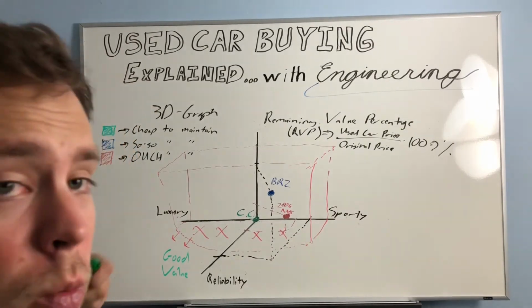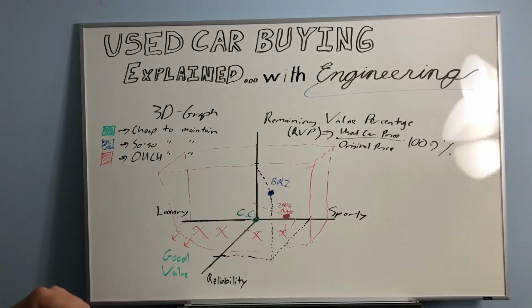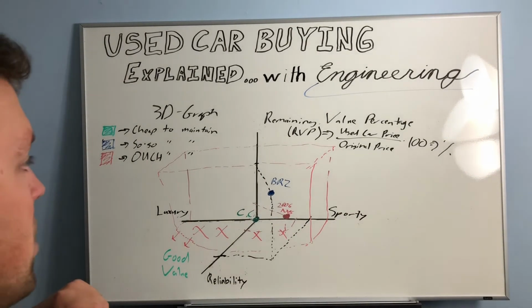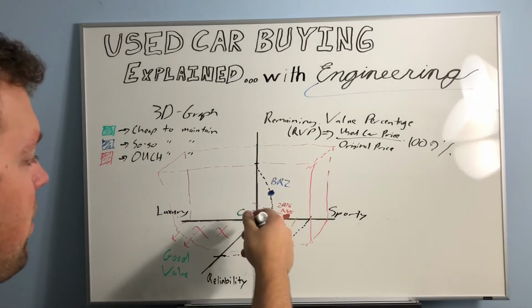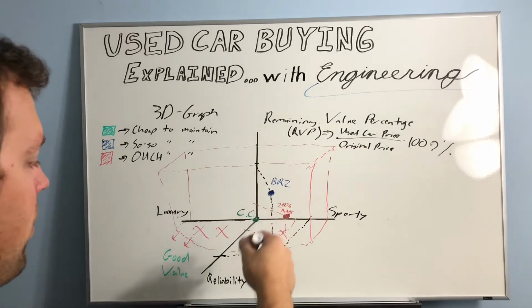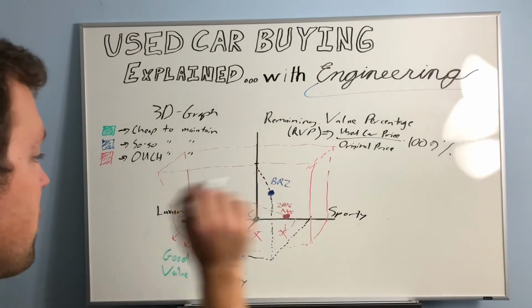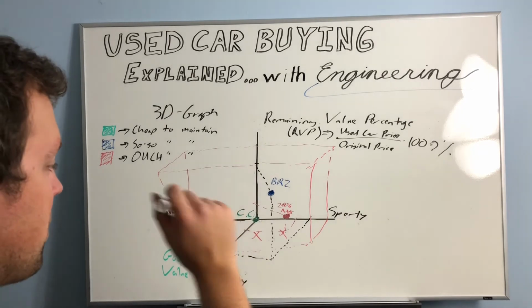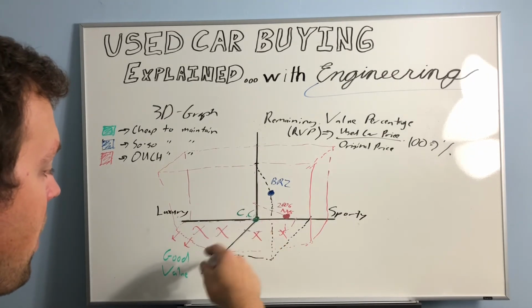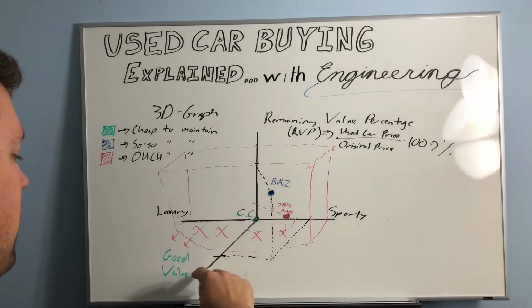A Toyota Corolla. A lot of people own Toyota Corollas, and in general, they tend to have pretty high RVP values. So they're neither sporty nor luxurious, they're pretty smack dab in the middle. They're very reliable, about as reliable as you can get, so maybe 9.5 out of 10 here.